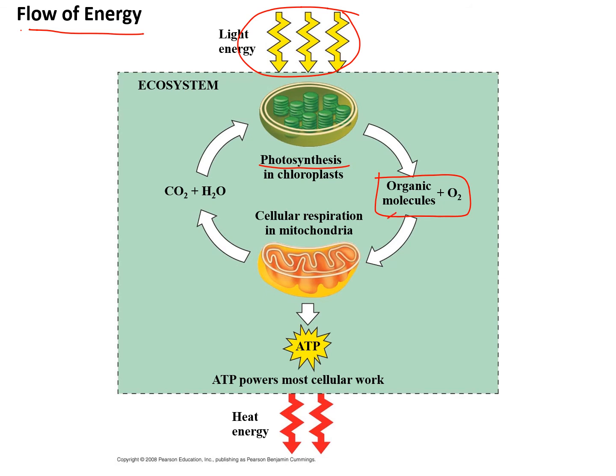And then, of course, that organic energy is broken down by cellular respiration to release ATP. And once ATP is used by living cells, then it's released as heat. And heat just dissipates into the environment. That's basically entropy, so it dissipates. So flow of energy, there's one direction flow of energy.